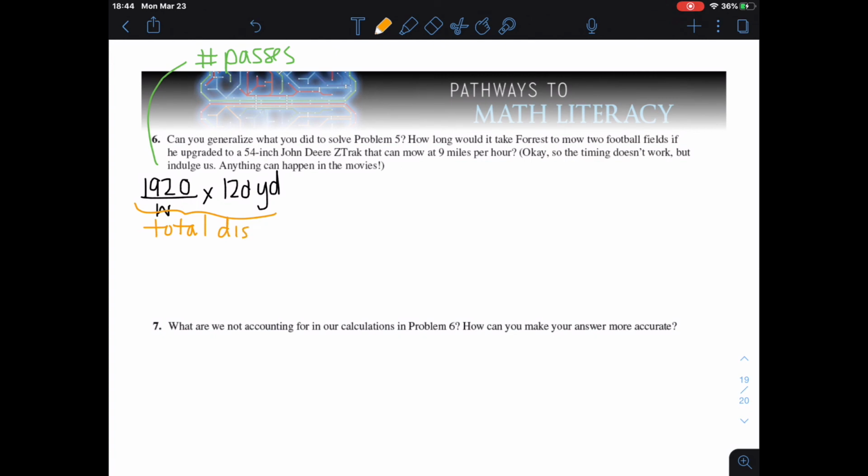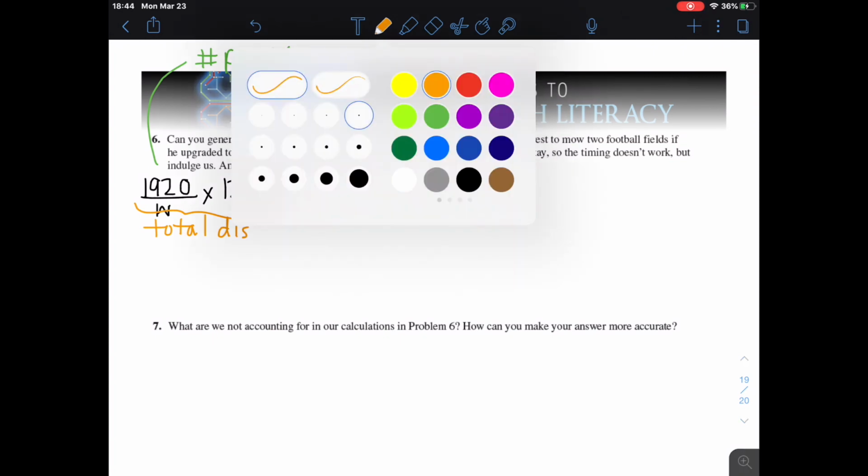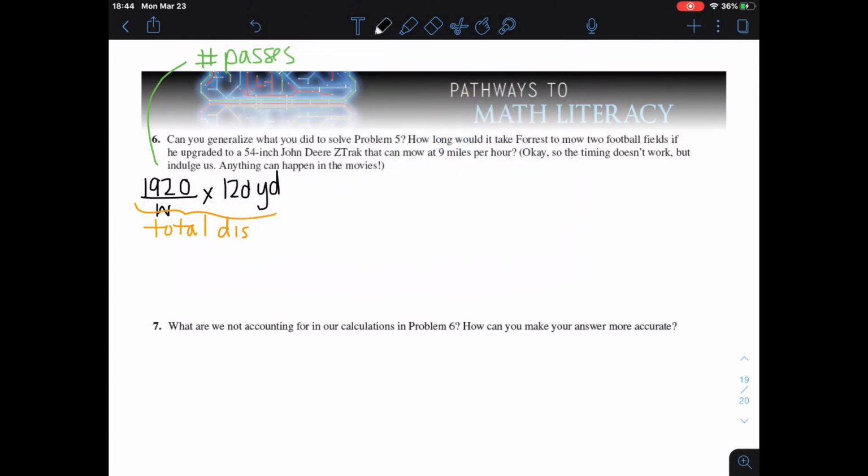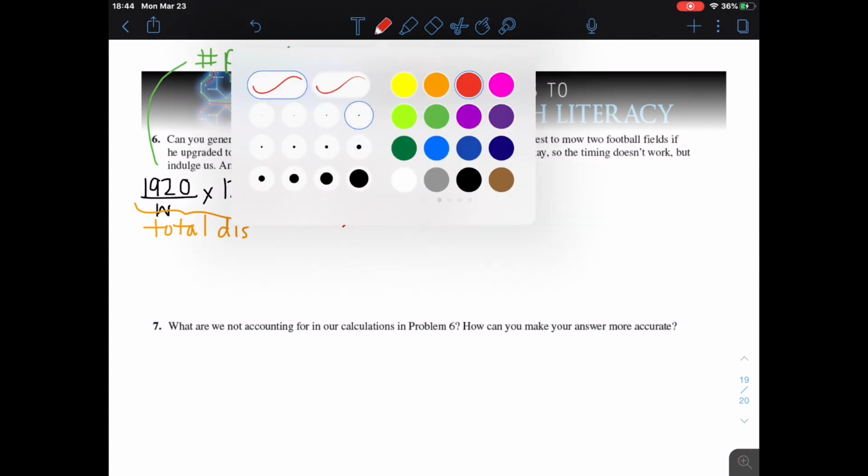Okay. So once we have the total distance, that's what we converted into miles. You need to get rid of yards and introduce feet. So 1 yard is 3 feet. And then you need to get rid of feet and introduce miles. So 1 mile is 5,280 feet. Now lots of units cancel: the yards are gone, the feet are gone, we're just left with miles.